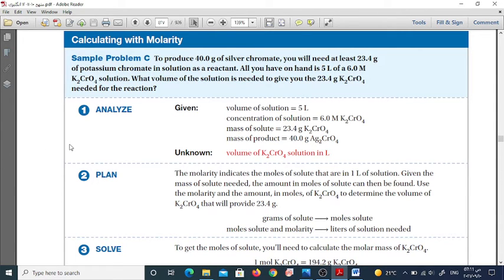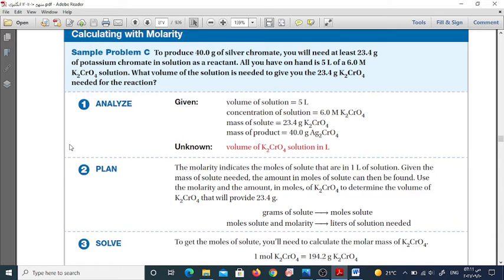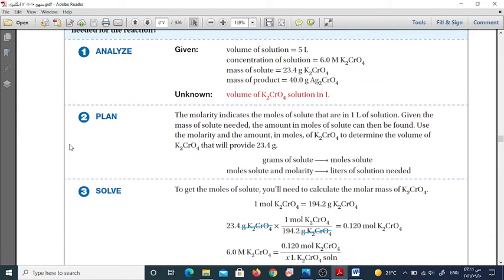Okay, again we will analyze it. What we have is the volume of solution, which is 5 liters, the concentration of solution, which is 6 molar potassium chromate, the mass of solute of potassium chromate, and the mass of product, which is silver chromate. The unknown is the volume of potassium chromate. Very simple.